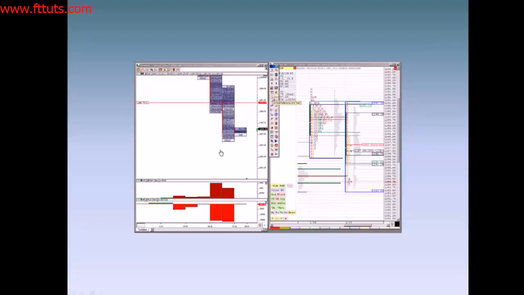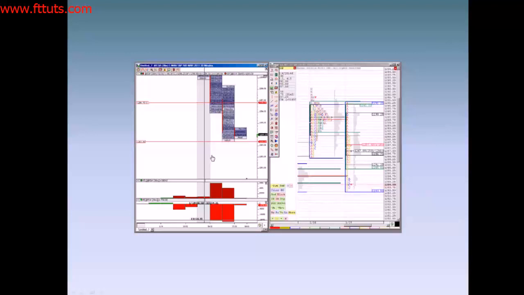Now, I'm going to draw a horizontal line here at this support level that we have on the profile chart, because it's the low value area of the prior day, and immediately this gives us a recognition that this is a point of support. We want to see what's going to happen as prices approach this point. Actually, this line represents the low of the initial value area here. So I can use the two in tandem.